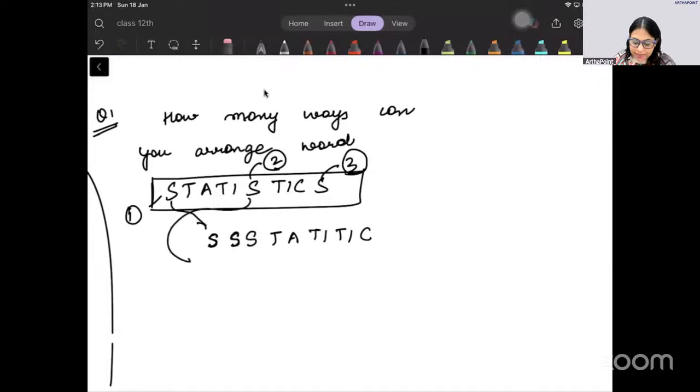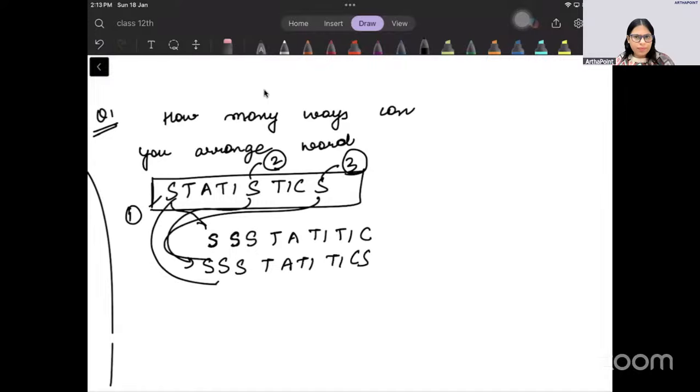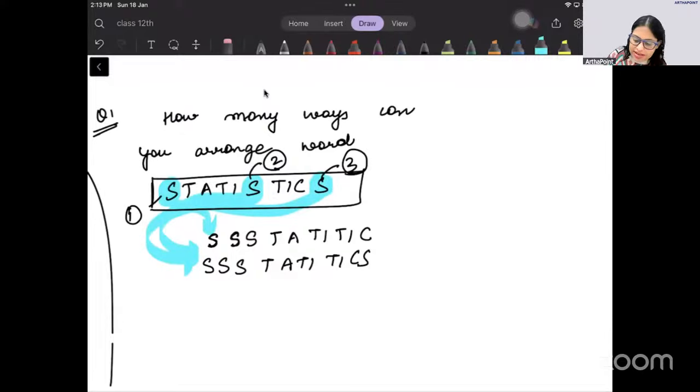Or whether I write my second S first and then my third S and then my first S, do they look different? No. तो I cannot discriminate, मैं इस चीज में नहीं discriminate कर सकती that whether I have written my first S first, या I have written my second S first, या I have written my third S first. S will look like S, isn't it? So these will be the same only.